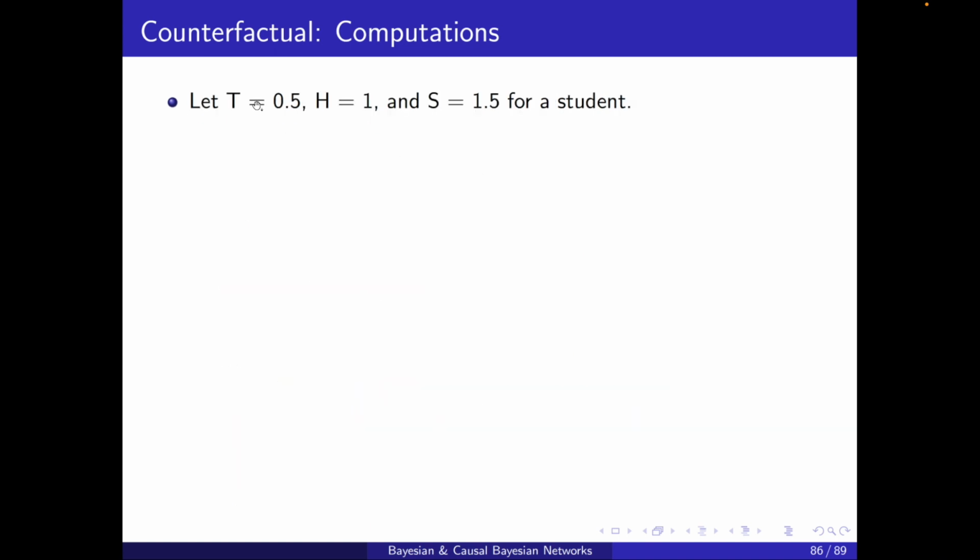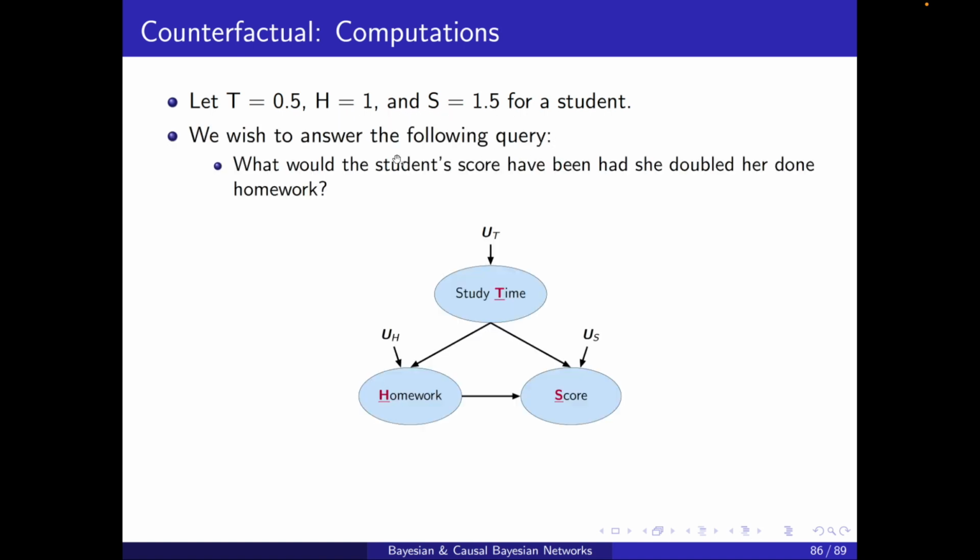So imagine that we observe T equal to 0.5, H to 1, S to 1.5 for a student. The question is, what would the student's score have been had she doubled her done homework? We may face this question often. Would I have done better if I had spent more time doing the homework?